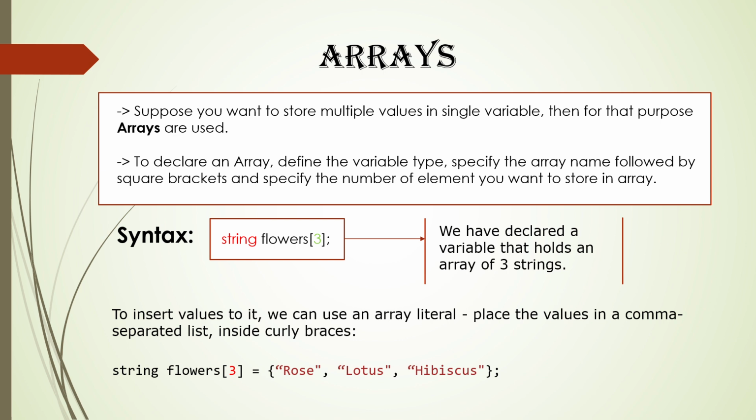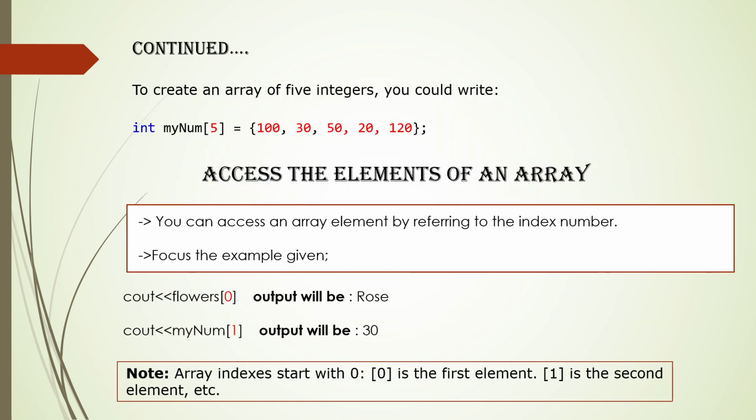And since it is of string data type, it should be under double quotation marks, separated by commas, and the whole inside the curly braces, then semicolon. So please focus here. See the syntax, how to create an array and how to assign values to it. Similarly, you can create an array of another data type and can store any number of elements of your choice or as per the requirement.